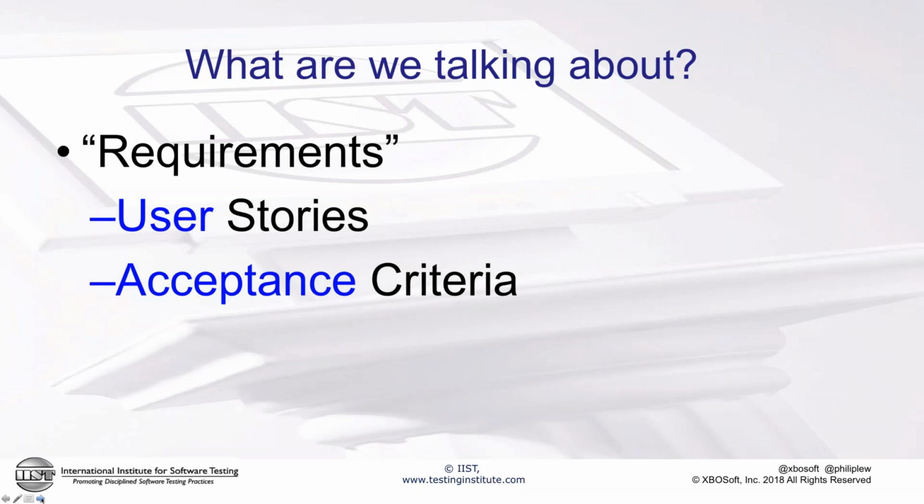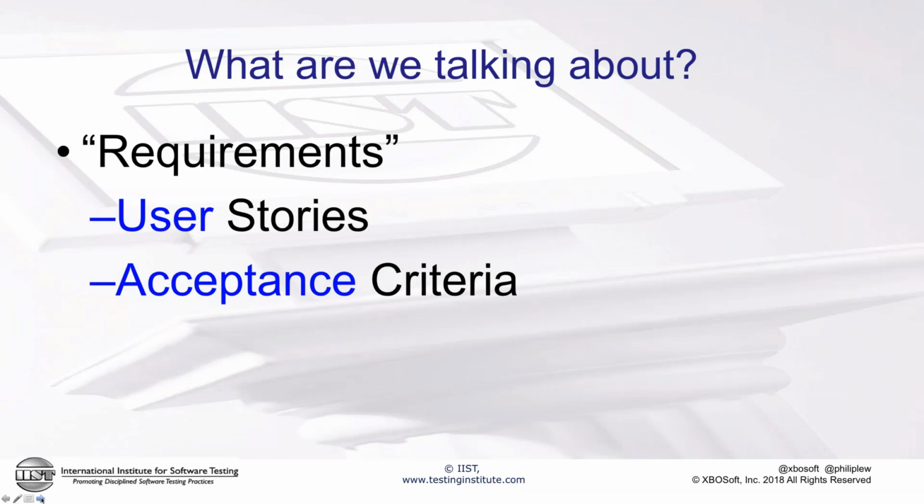So requirements in a waterfall environment, we used to think of a big, thick book that we poured over and had spent a lot of time writing. And that was what Agile was born out of, was that, hey, we're going to have changing requirements, so we shouldn't spend so much time writing down requirements because they're going to change.